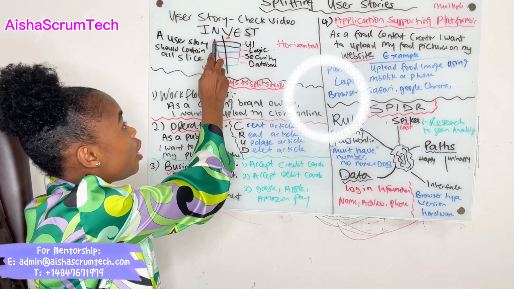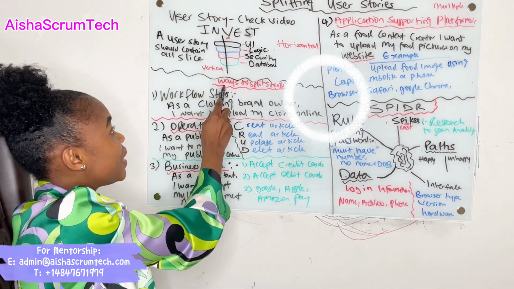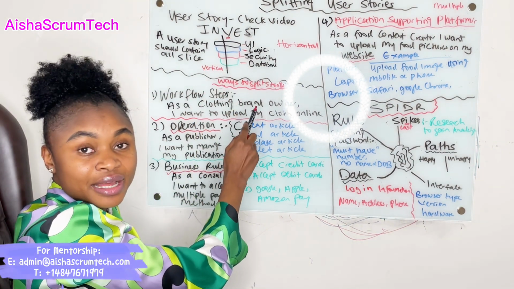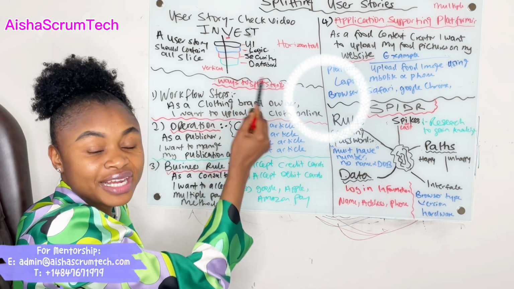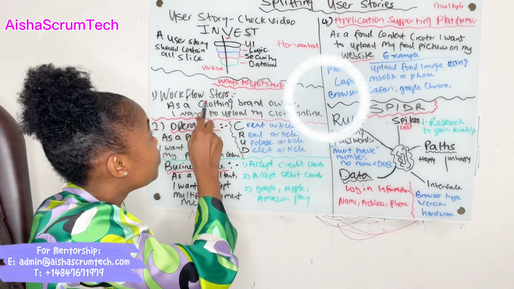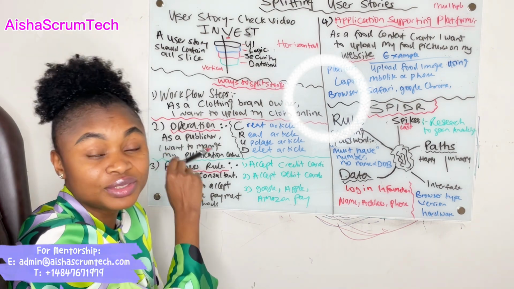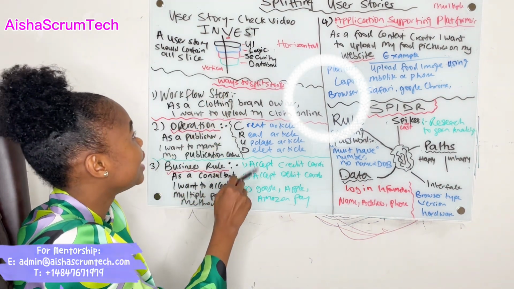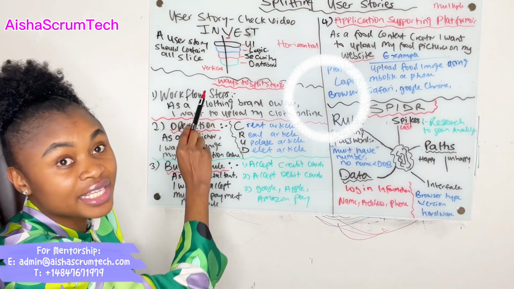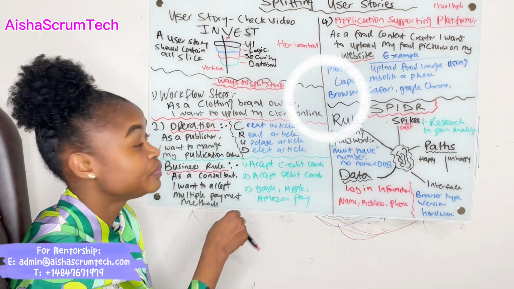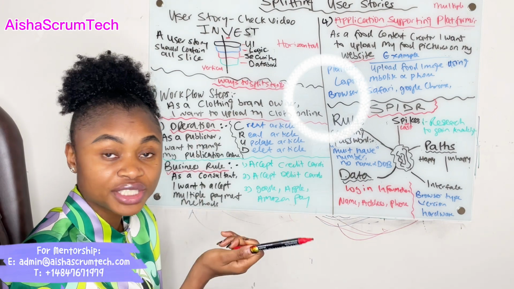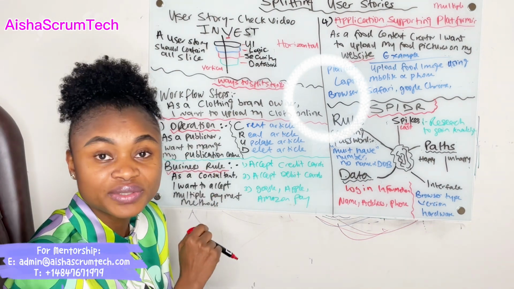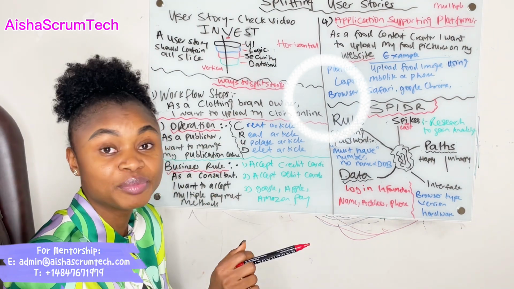So I want some part of each layer of the cake, not everything completed, but some part of all of it. All user stories must contain each of these slices of a cake. For example, the top layer is the user interface, the next layer is logic, the next layer is security, and the last layer is database.